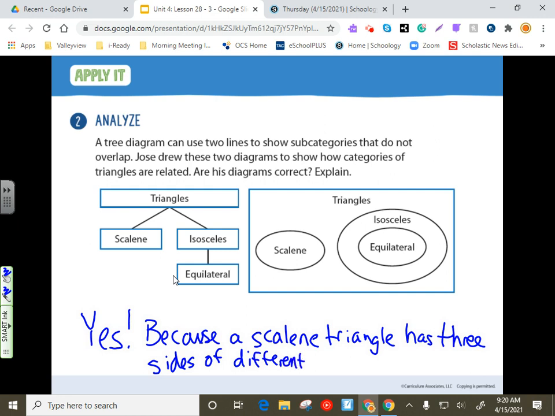And we know that an isosceles triangle has at least two sides that are equal, and an equilateral has all three sides equal. So that's why this one is what we call an outlier, like it lies outside of the normal stuff. So he did do these correctly. Good for you, Jose.